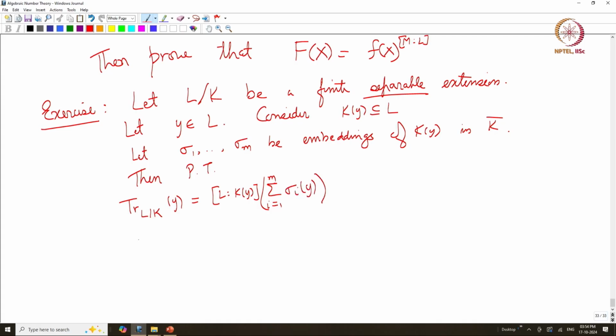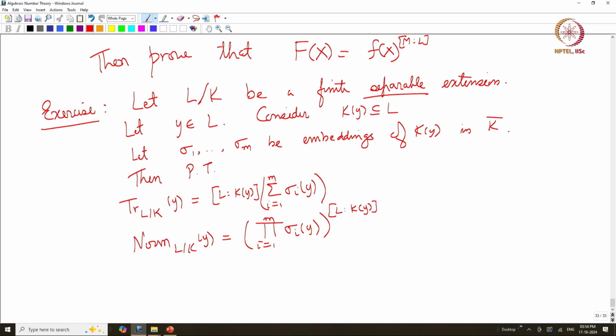So, maybe you may have seen this description, this definition of norm before or not, I do not know. So, this is the product i going from 1 to m. So, slightly more general or slightly different than what you may have seen before, but if you saw the definition of norms and traces in terms of embeddings, it amounts to the same thing.